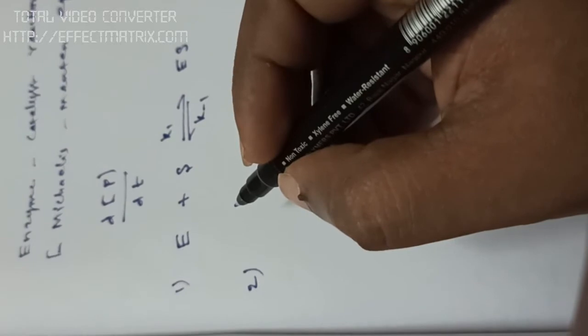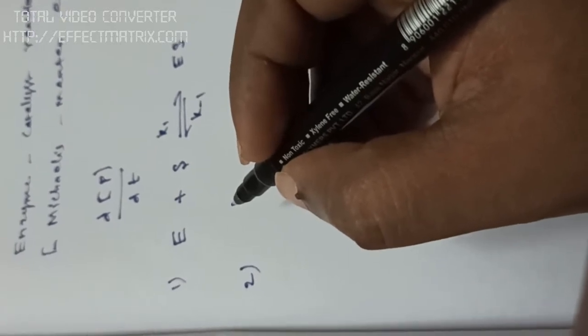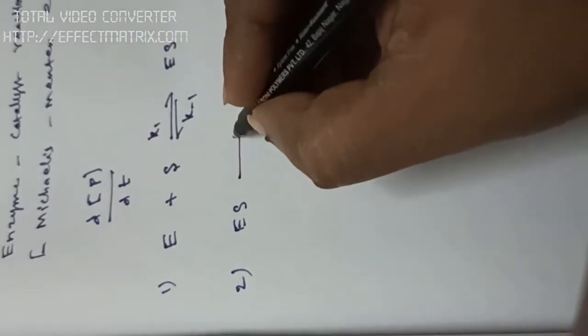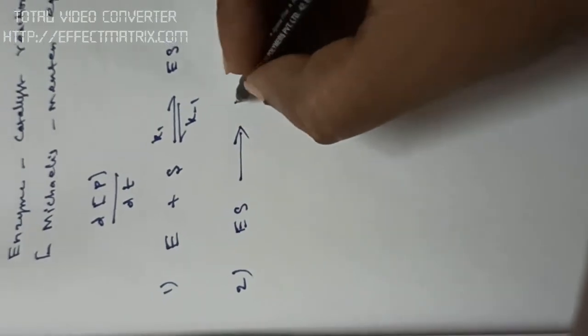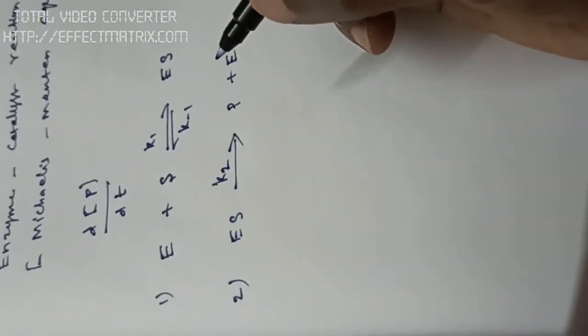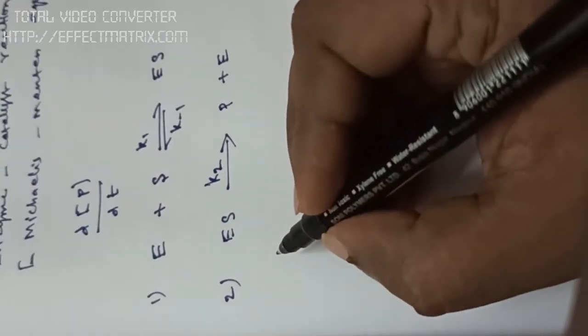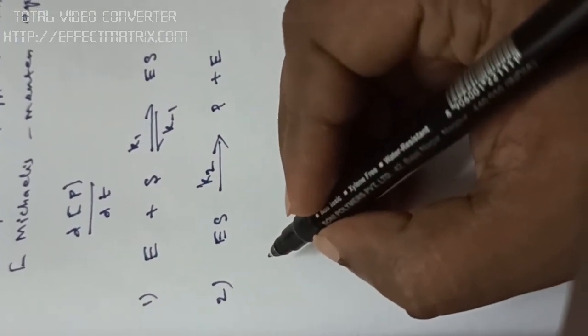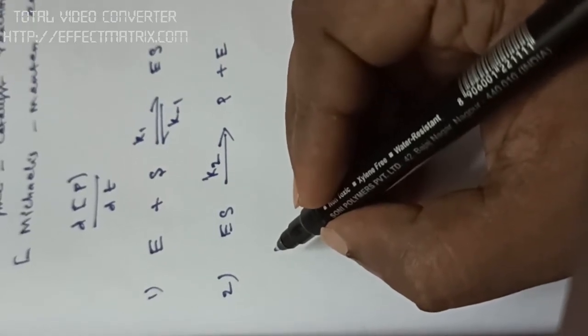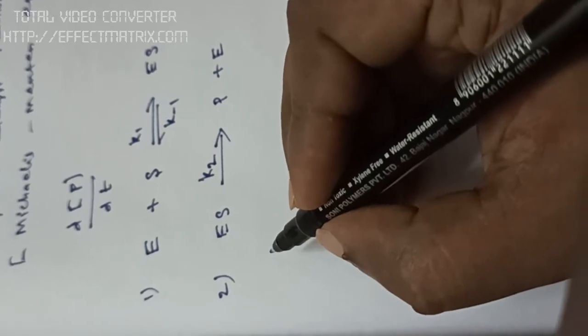Now move on to the second step of the reaction. ES gives product and enzyme. K2 is denoted as the rate constant. If the reaction does not give the reactant back, it is called an irreversible reaction.